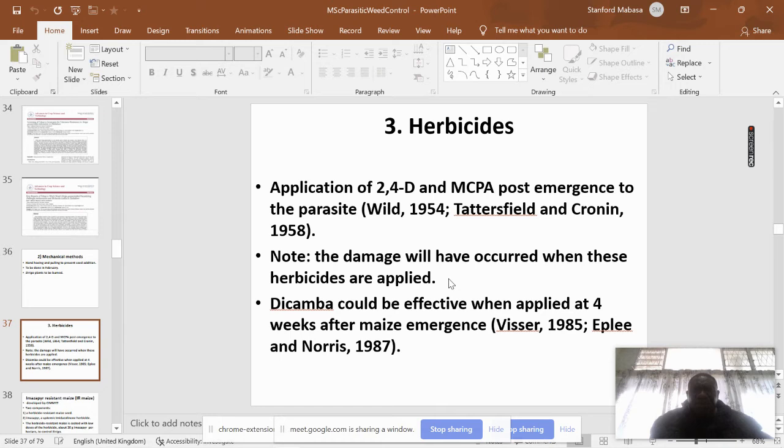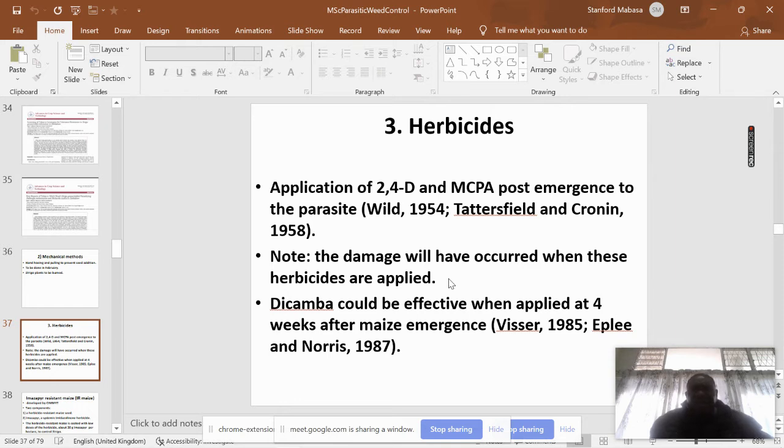However, there's also another herbicide known as dicamba or Banvel, which can be applied post-emergence around 4 weeks. This one can be translocated, meaning that it can move within the maize plant downwards and reach the roots, and it can kill the parasite.